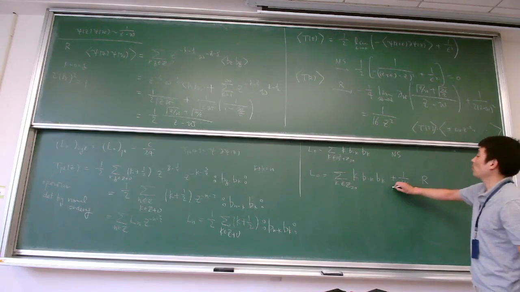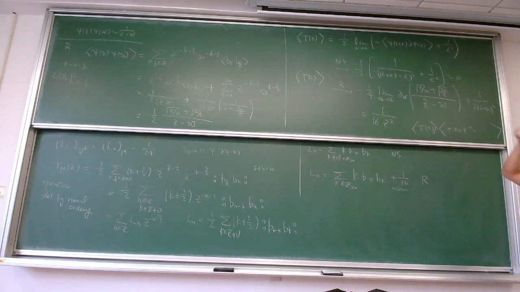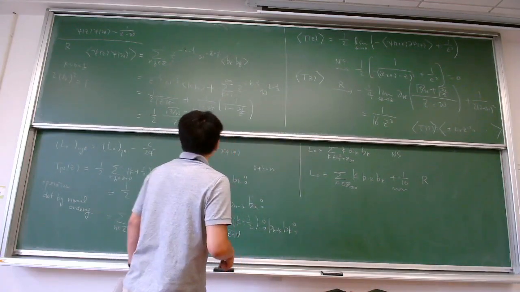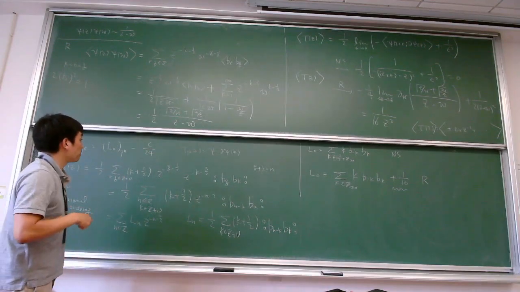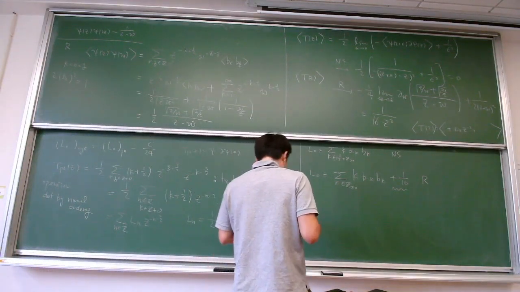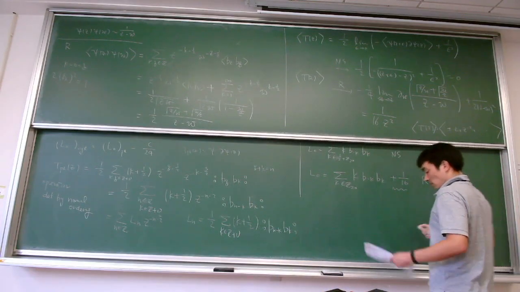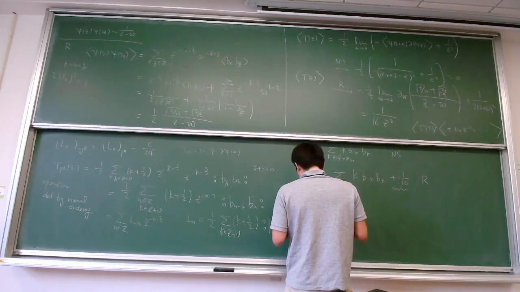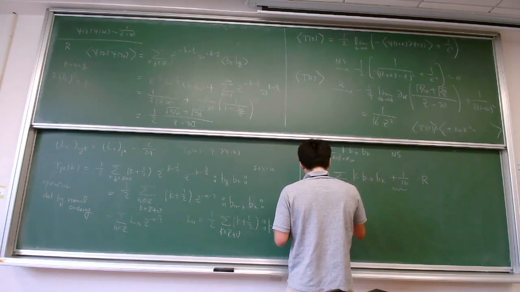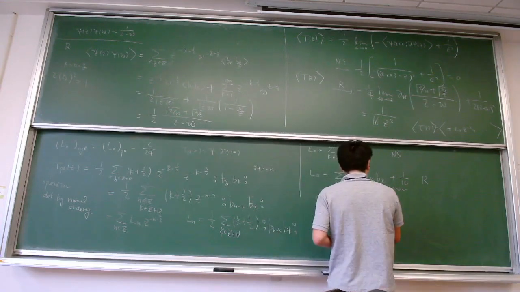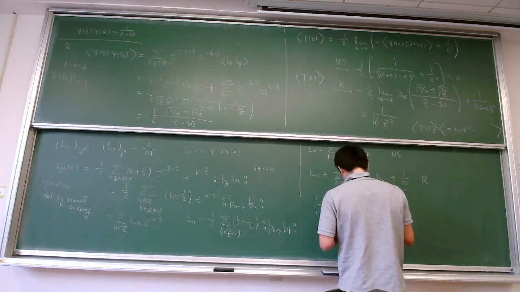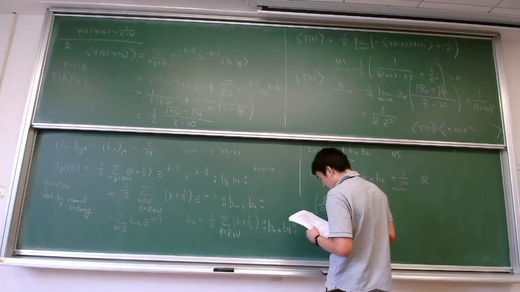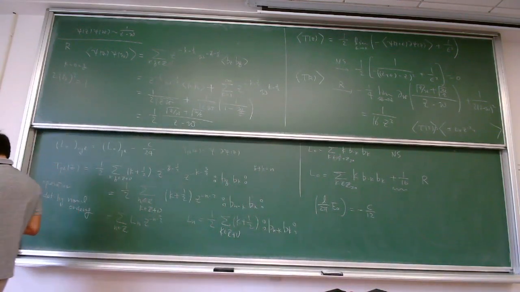This shift can be computed by using this normal ordering definition of the one-point function of T of Z. So we know that the vacuum energy, E0 of 2 pi over L, is indeed given by minus C over 12, sorry, I got confused about what I'm writing here.